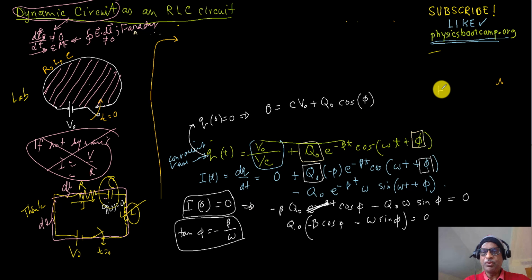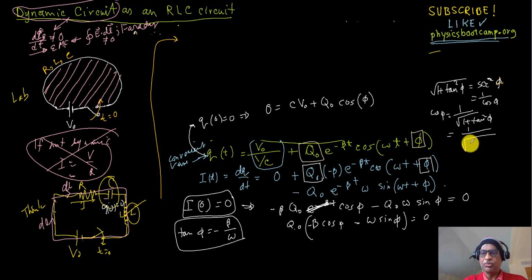From there, actually I can get what cosine phi is. So 1 over cosine square of phi is sec square of phi, which is 1 plus tangent square of phi. So cosine phi will be 1 over square root of 1 plus tangent square of phi, which is 1 over square root of 1 plus beta square over omega square.